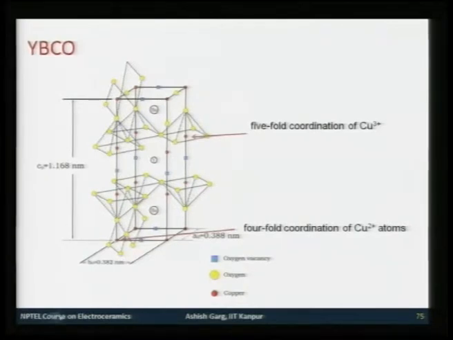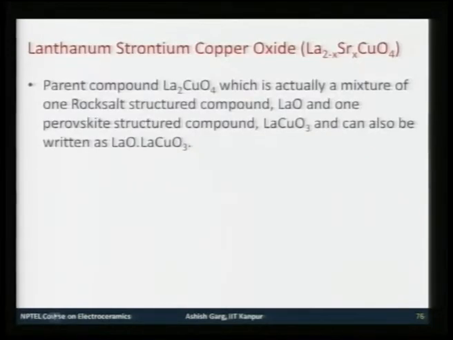Another structure which is interesting is lanthanum strontium copper oxide, for which the parent compound is lanthanum copper oxide. This lanthanum copper oxide is actually a mixture of a rock salt structure compound LaO and one perovskite structured compound LaCuO3, and for convenience, you can write it as LaO.LaCuO3.